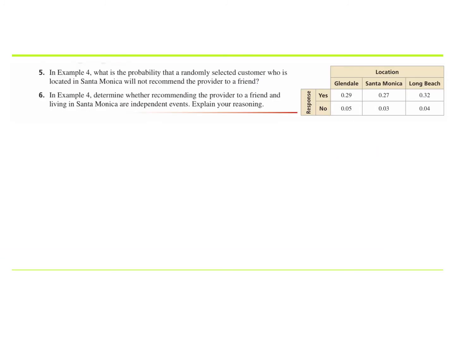Number 5. In example 4, what is the probability that a randomly selected customer who is located in Santa Monica will not recommend the provider to a friend? So we have a randomly selected customer who is located in Santa Monica. How many people total do we have located in Santa Monica? 30. 30 people total live in Santa Monica.